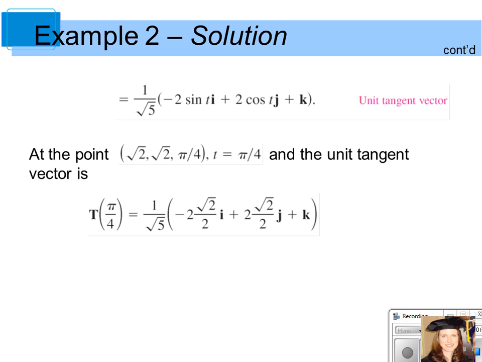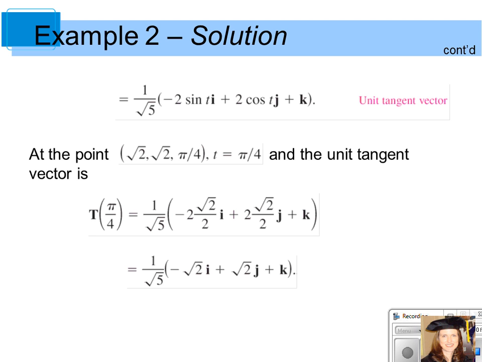So plug pi over 4 into the unit tangent vector equation and simplify to get 1 over the square root of 5 times negative square root of 2 i plus square root of 2 j plus k. That's your unit tangent vector at time pi over 4.